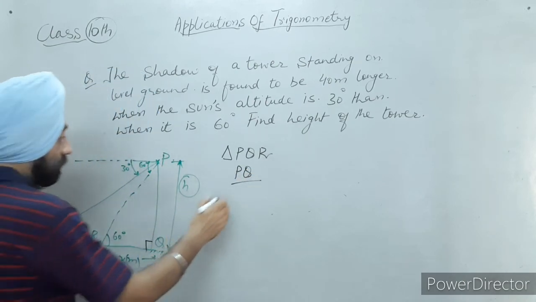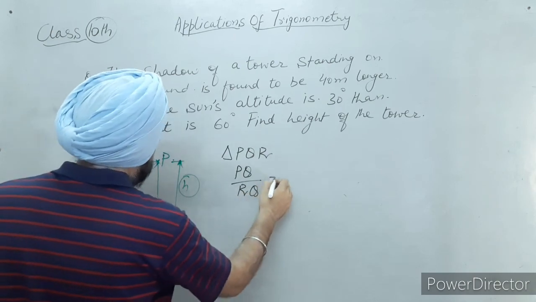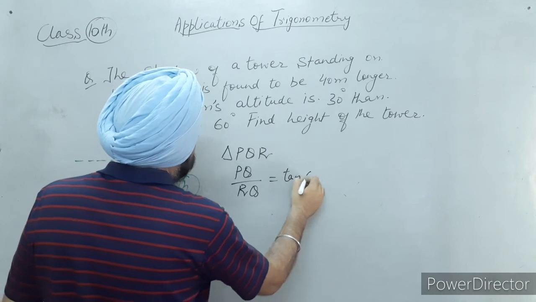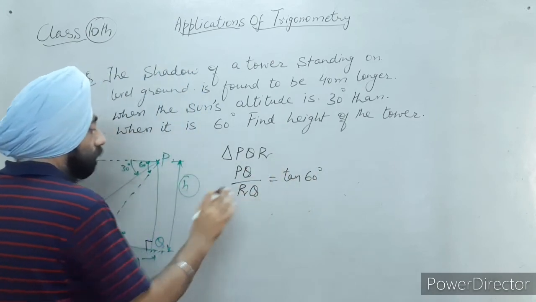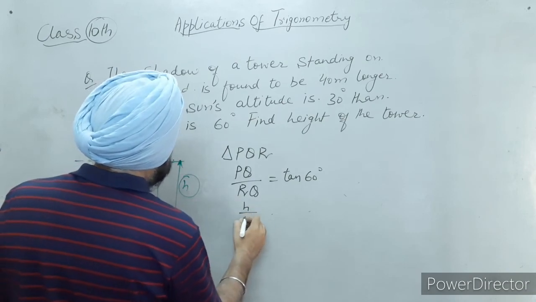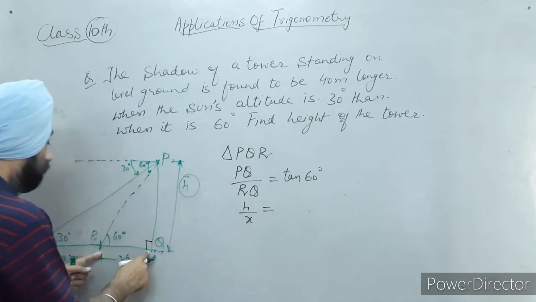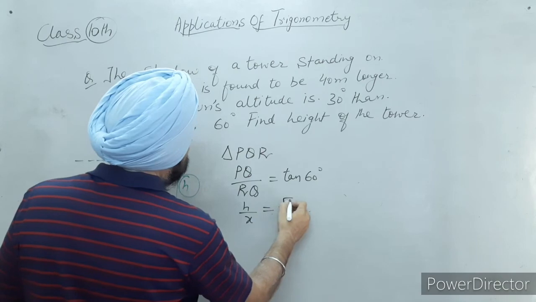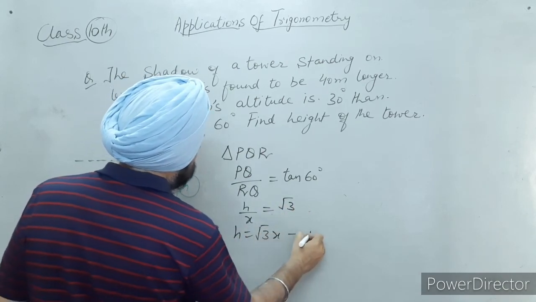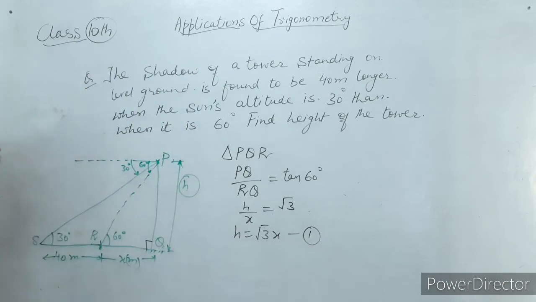RQ I have taken as X. Let me write it first. Tan of 60 degrees, perpendicular upon base. Tan 60. PQ is H. This is X. I have taken this as under root 3. Now height equals under root 3 times X. Let this be the first equation.